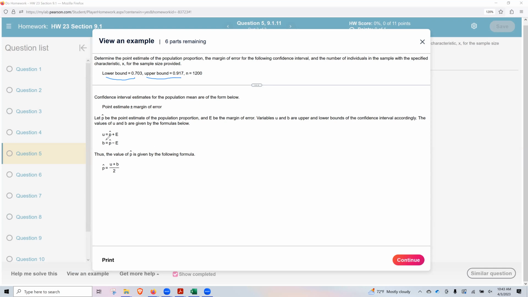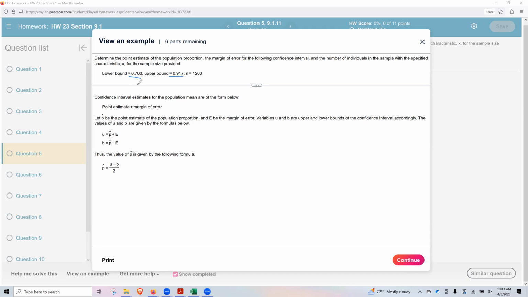So that means we can set these equal to p hat plus e. We don't have the error. So since we have these two, you can add them together, divide by 2, and solve for this formula. So basically use this to find p hat. The upper bound plus the lower divided by 2 will give you the center of the interval.